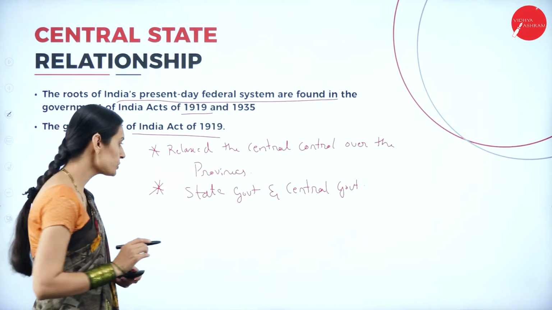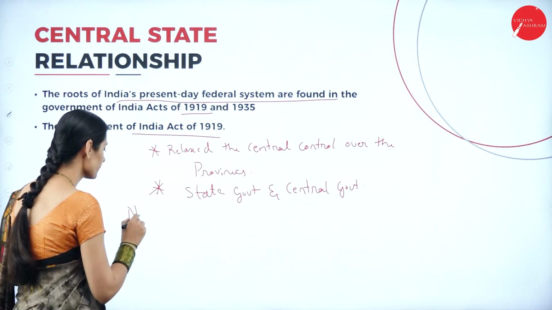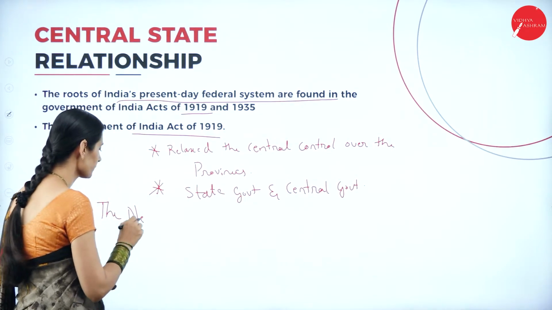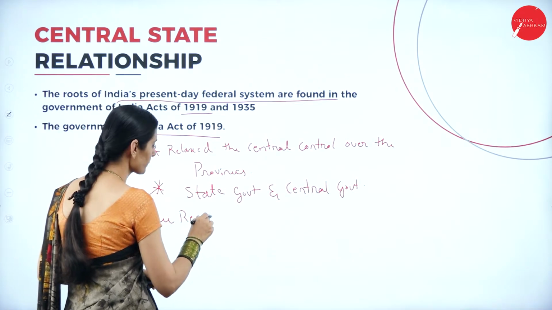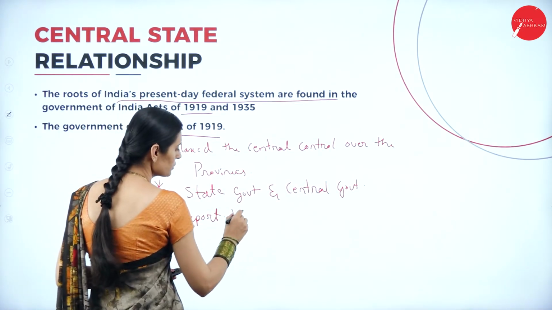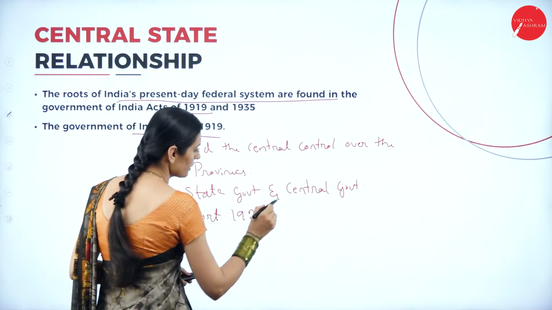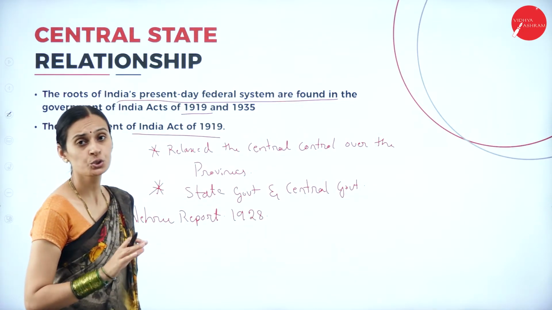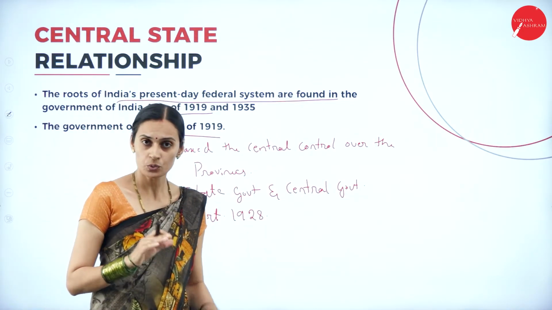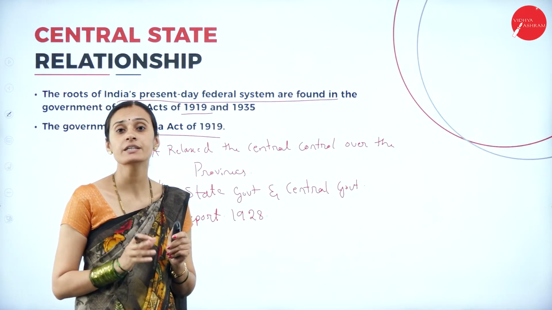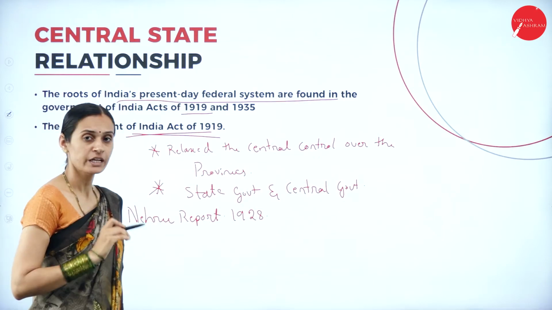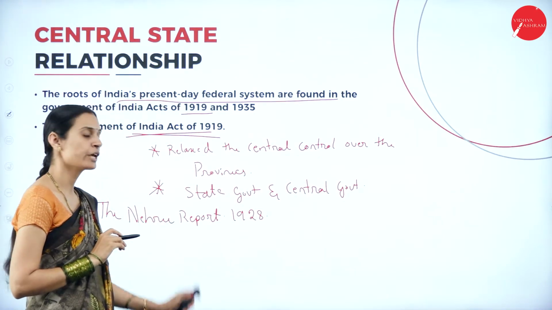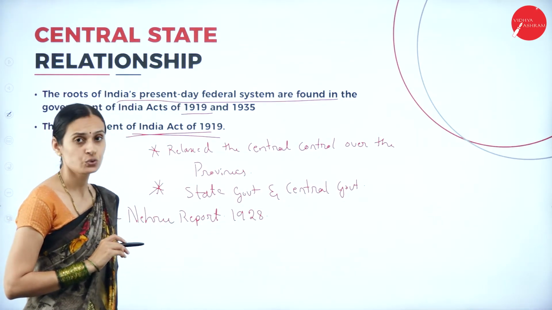And according to the Nehru Report in 1928, the Constitution of India should be federal. So these are the important contents we can analyze under the Government of India Act 1919 and the Nehru Report of 1928.